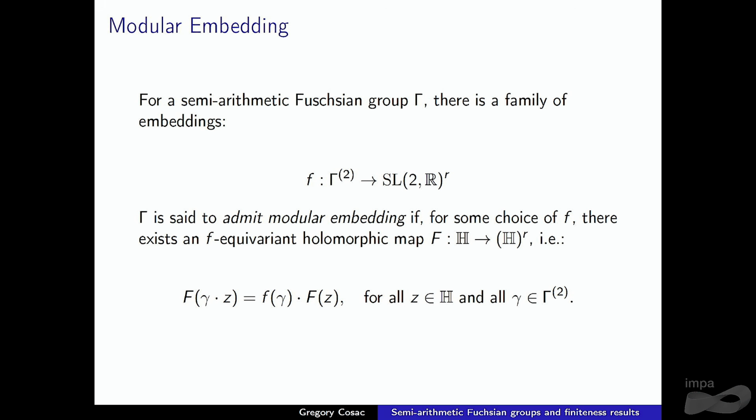So you say that Gamma admits a modular embedding if there is an f-equivariant holomorphic map from H to a product of r copies of H. And being f-equivariant means exactly this: if you act on the argument of the function and then apply the function, it's the same thing as if you apply the function and then act on the image of the function.